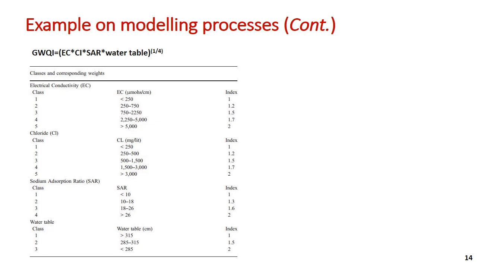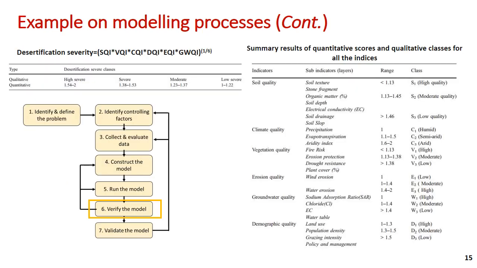After collecting all of this information, they basically run the simulation. And after running the simulation, you have an equation called desertification severity, where you multiply all the indices you got from the previous tables and equations.